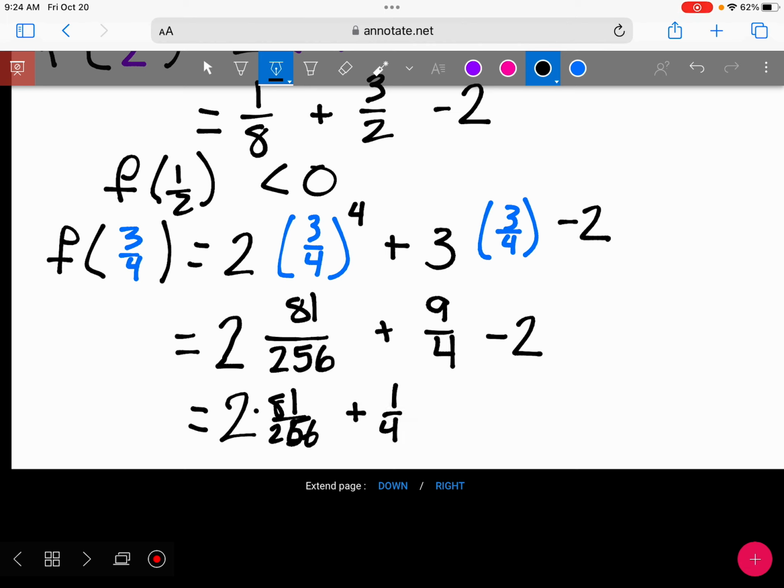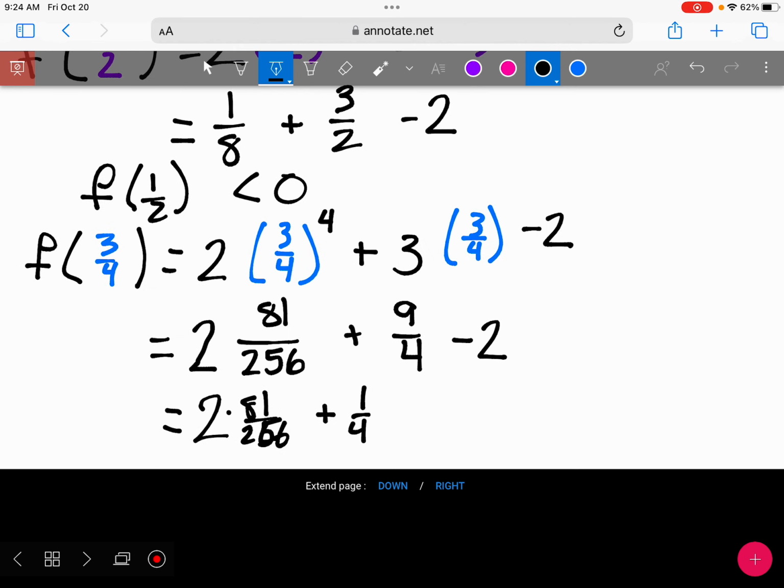So do we really care about what number it is? No, I know this is positive because both of these numbers are positive. So f of 3/4 is greater than 0, because I took 9/4 and I took away 2. That was our only subtraction, so everybody down here is now positive.